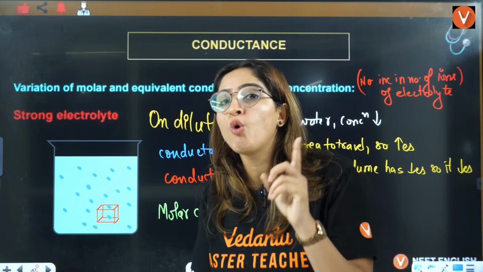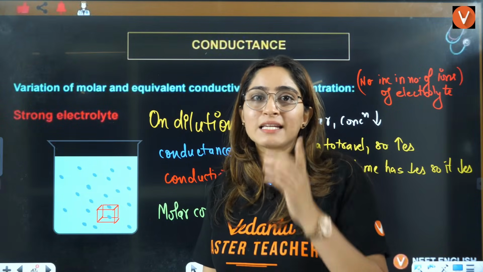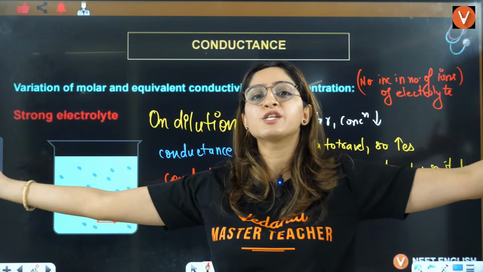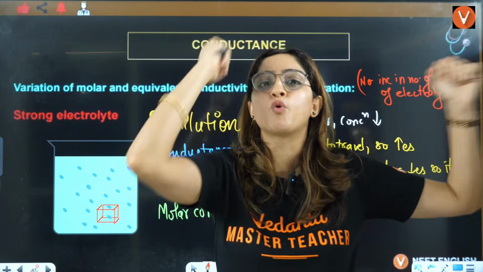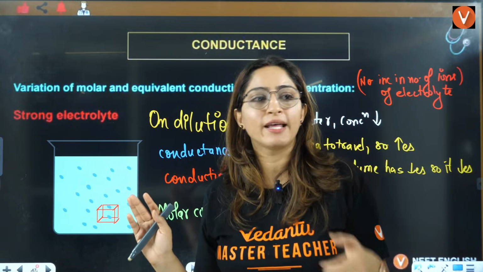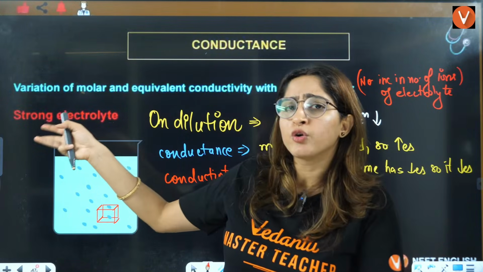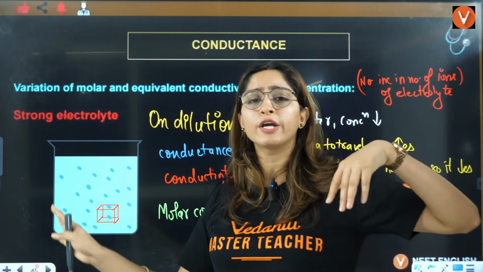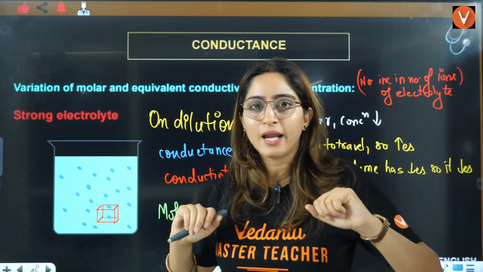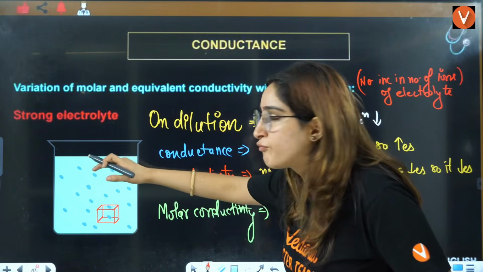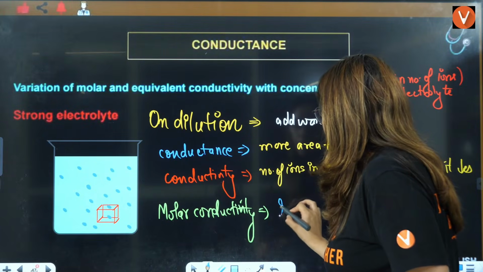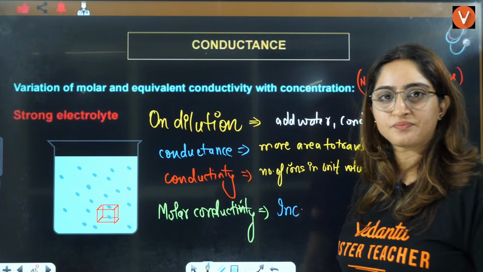For 1 mole of electrolyte, if volume is increasing, that means area is more, now way of traveling is more, right? They can move here and there more, right? They have a garden, they have a study room, they have a bedroom, they have a drawing room, they have 2 kitchens, right? So they are more happy, right? So that's where when volume increases here, molar conductivity will increase.